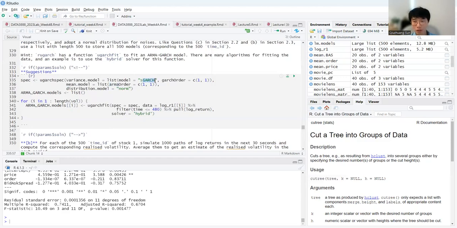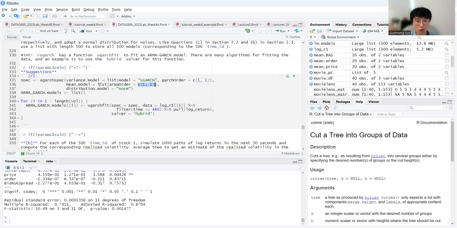And then I need to determine three things: the order of the ARMA model, the order of the GARCH model, and the distribution of the noise. Here I say the order of the GARCH model is 1, 1. Remember, we have two orders for the GARCH model, and two orders for the ARMA model. And here I also say for the ARMA model the order is 1, 1. You can try different orders to see different prediction results and see if the orders affect the final prediction result for the realized volatility significantly.